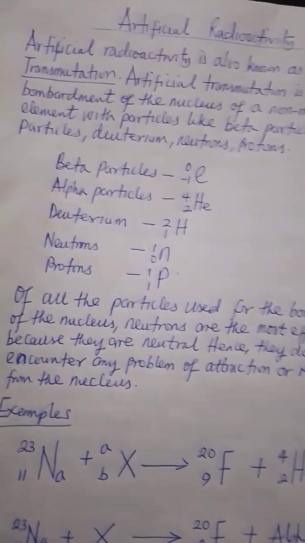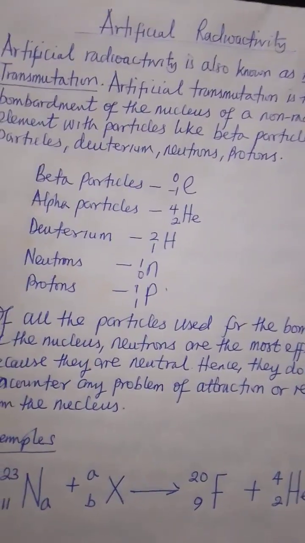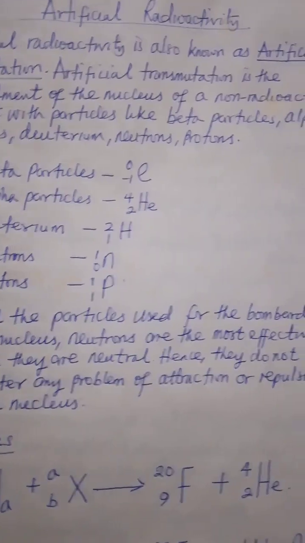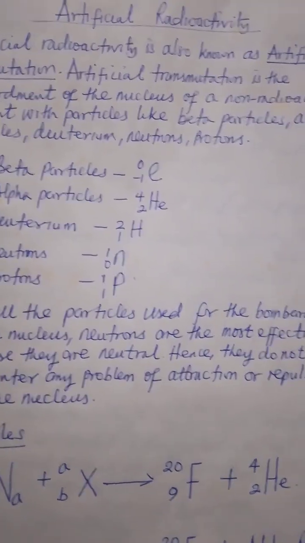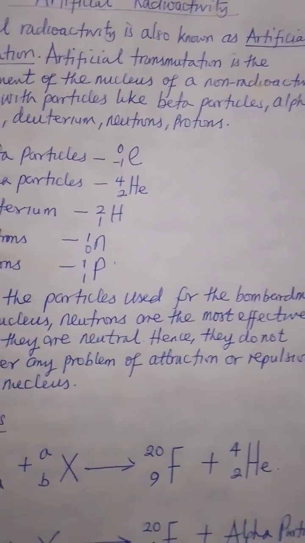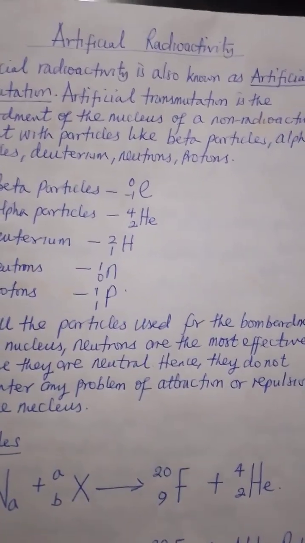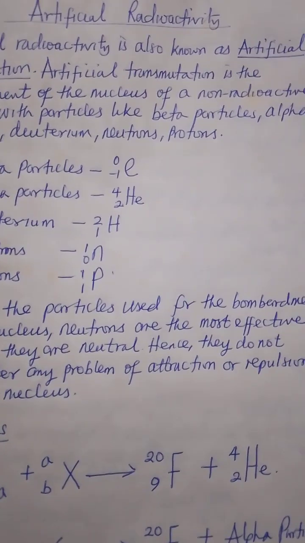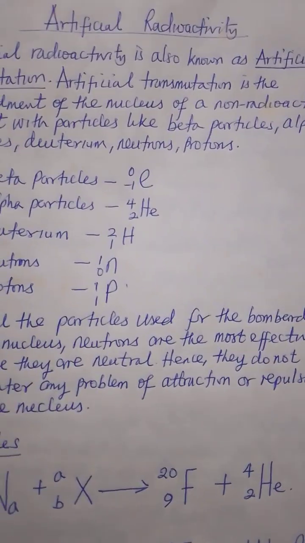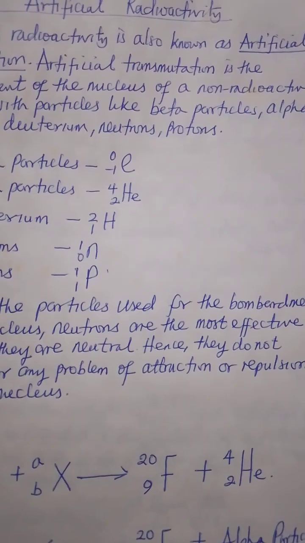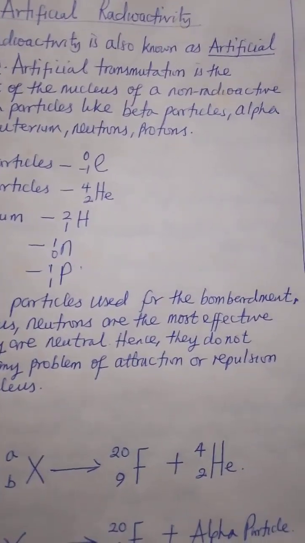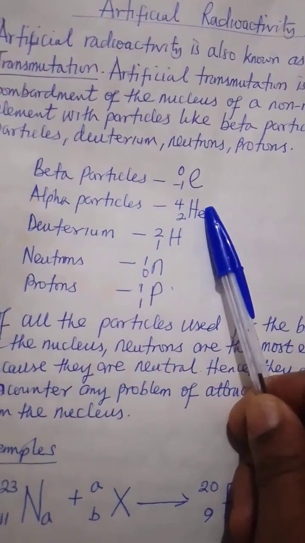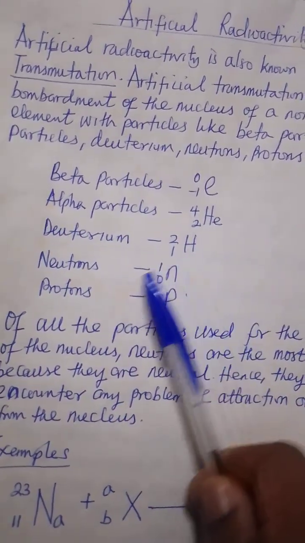Now, of all these particles that are listed here, the neutrons are the most effective. They are the most effective because they are not charged. They are neutral. So when you use the neutron to bombard the nucleus of an atom, it does not encounter any form of repulsion or attraction. So let's look at them. Beta particle, negative. Alpha particles, positive. Deuterium, positive.